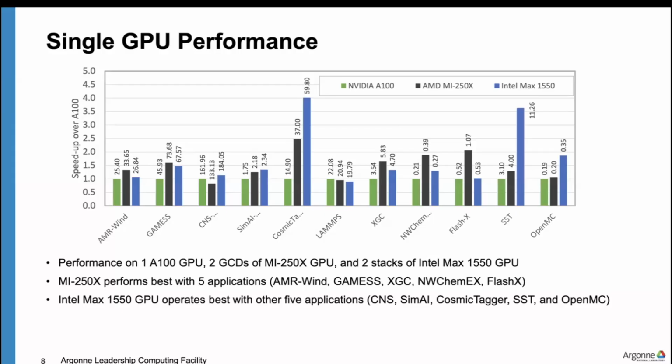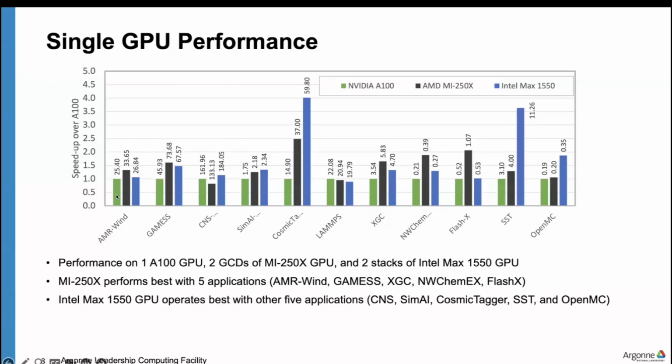So the same problem size on the same GPU card, right? In this slide, the x-axis shows application names. The y-axis shows the speedup over A100, which means if your bar is higher than 1.0, your application performs better than A100, and lower than that is slower than A100.